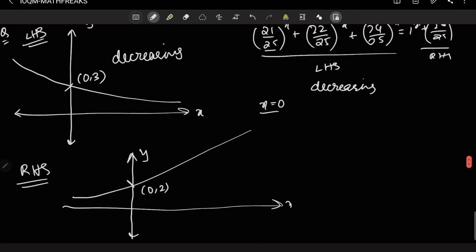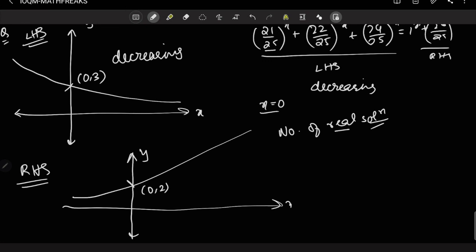So now we are asked to find the number of real solutions. If we are asked this, then where will we get a solution? When the graphs of the LHS and the RHS intersect each other, and the number of times they intersect each other is the answer for our number of solutions.